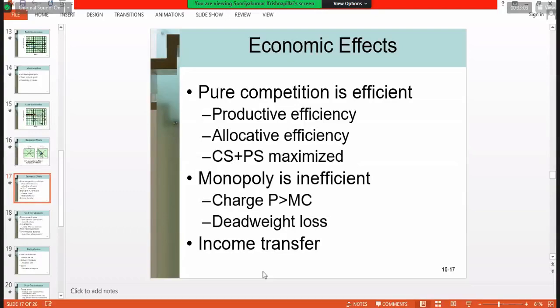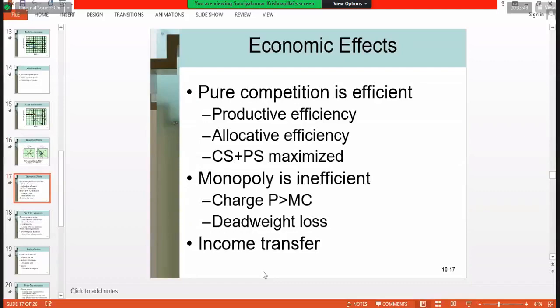Now another economic effect of monopoly. A monopoly is a single producer. It can be a big firm, one big company, owned by many shareholders. The shareholders, rich people, invest in that company by buying its shares, so they are the owners of that one big company, the single producer.